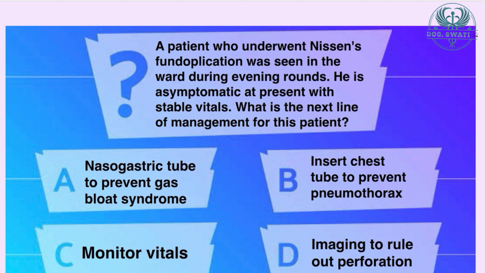Option B, insert chest tube to prevent pneumothorax. Option C, monitor vitals. Or option D, imaging to rule out perforation. So which option is correct according to you? Well, yes, option C, monitor vitals is the correct option.